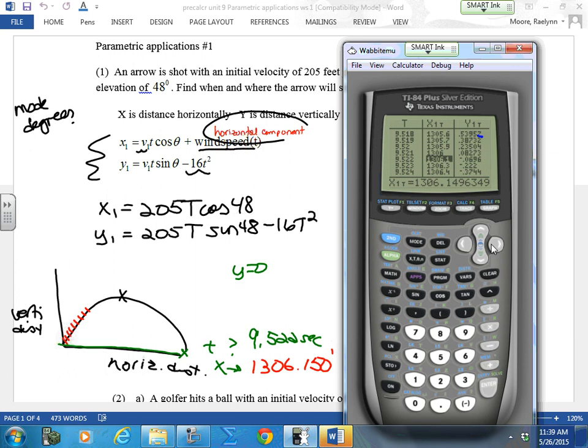So I could cheat and put my time in, or I can go back to my graph and say, okay, divide my time by 2, or trace again, and bring this to the closest to the top as possible. So somewhere on t equals 5.